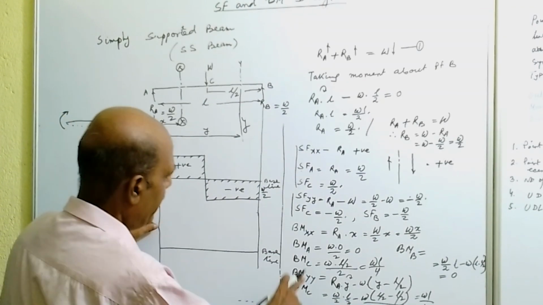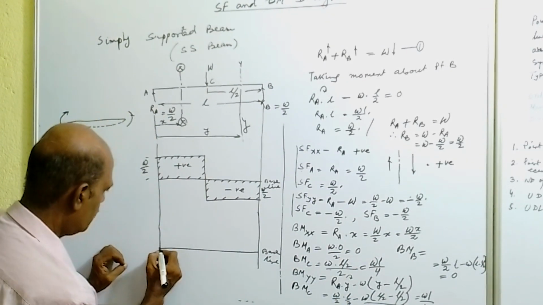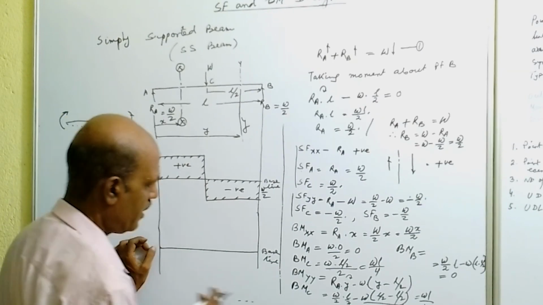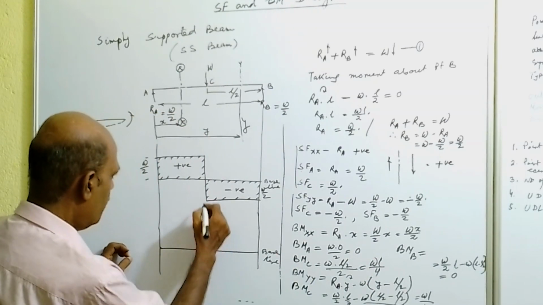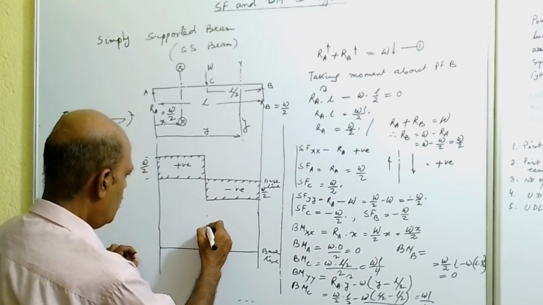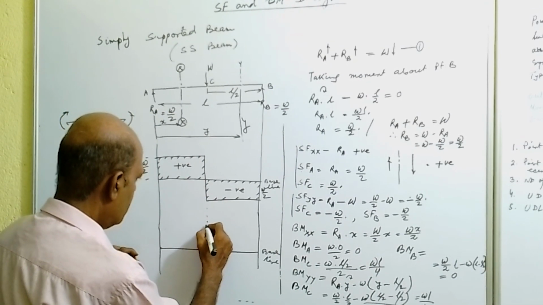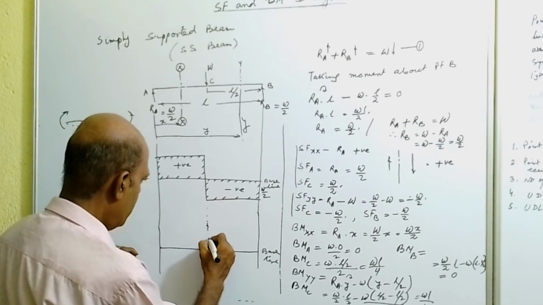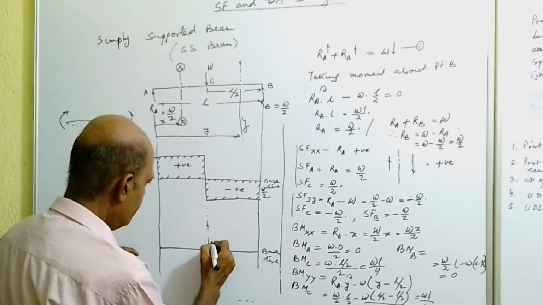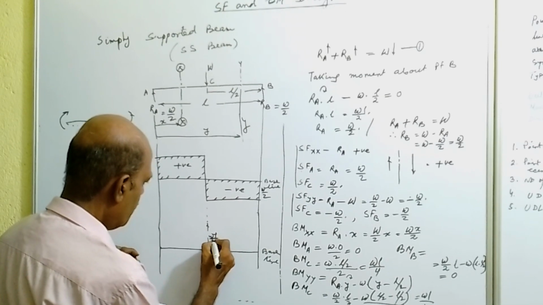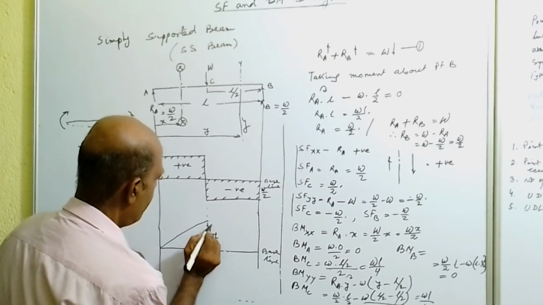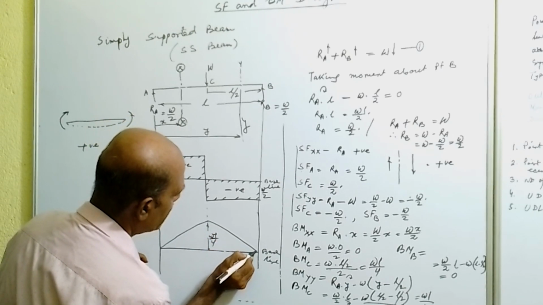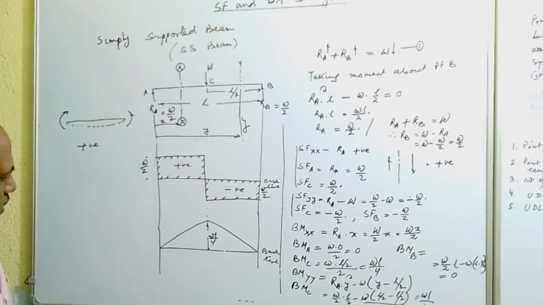So at point A, what is the bending moment? Is equal to 0. So the curve will start from here. Now at C, it is WL by 4. So let this height represent WL by 4 at the center. Now join this line with a straight line, because variation is a linear variation.